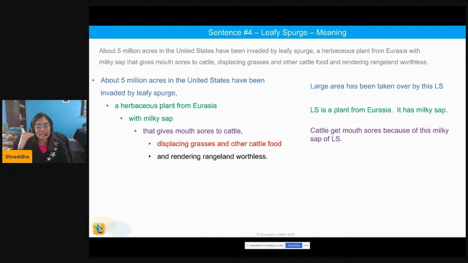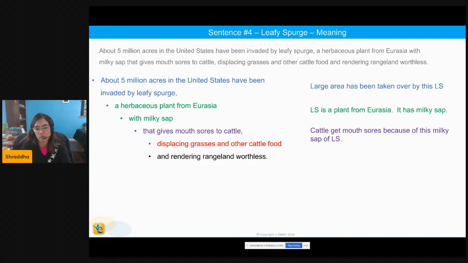all right. And that's why we broke down the sentence in so many different ways, and that's how I gave you what could be the inferred meaning of the sentence. Because see, I am not an expert on leafy spurge. I don't know how it displaces grasses or whatever, but I'm totally relying on the information given in the sentence to understand what really is happening in this sentence.